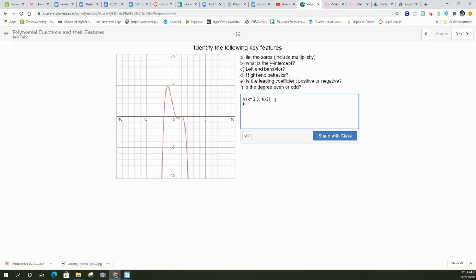The y-intercept is just 0, 0. The left end behavior is going down towards negative infinity. So I'll just type in negative infinity.